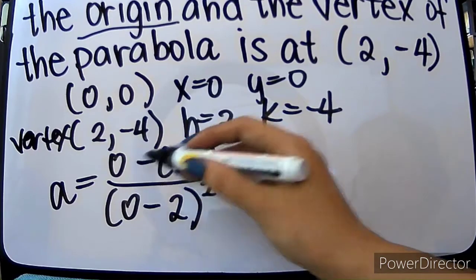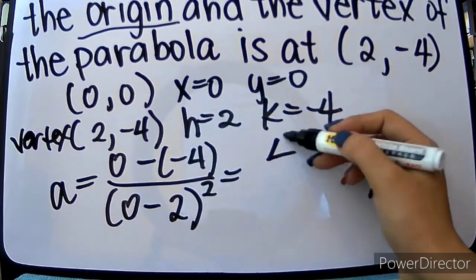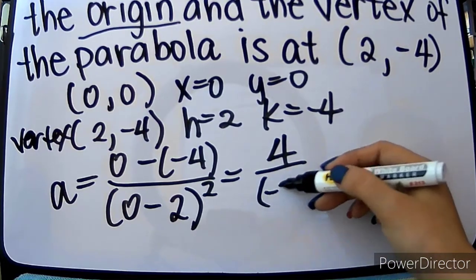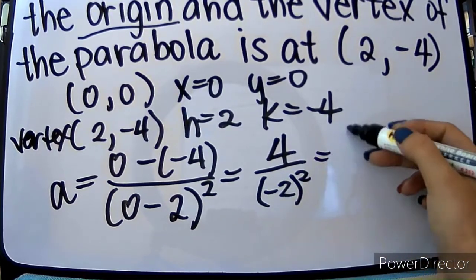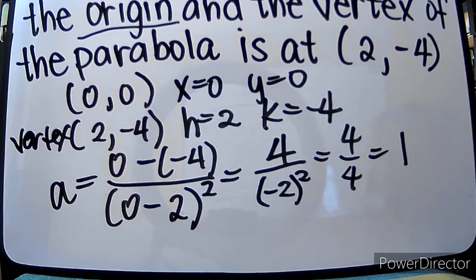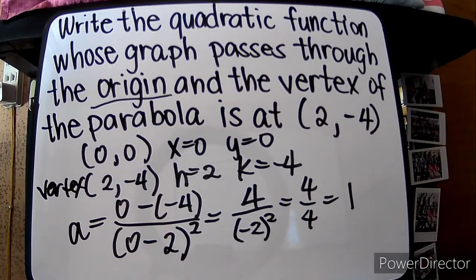So, 0 minus -4 will give us +4, and 0 minus 2 will give us -2 squared natin yon. So, we have 4 over 4. Our a is 1. Okay, so that is the first step. Find a. And then, the second step is, hindi na po magkakasya dito sa aking whiteboard.